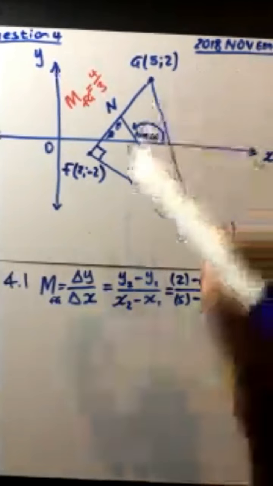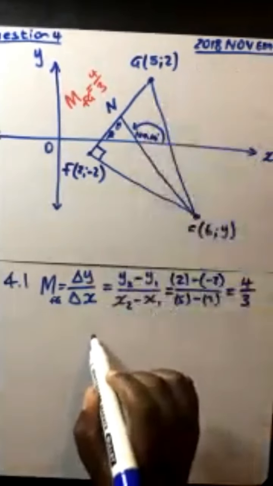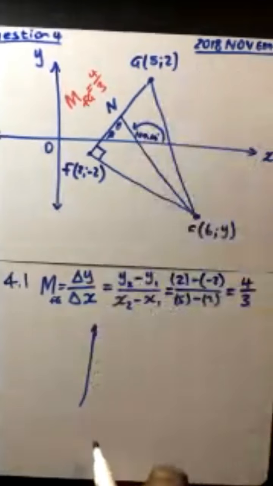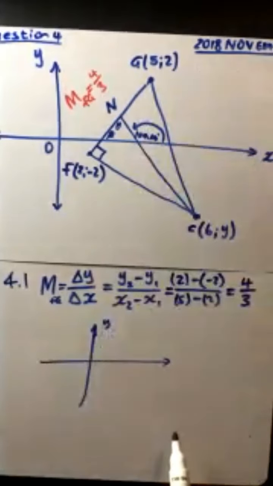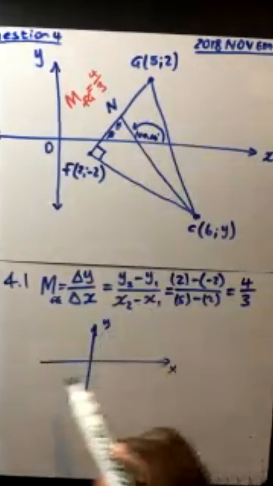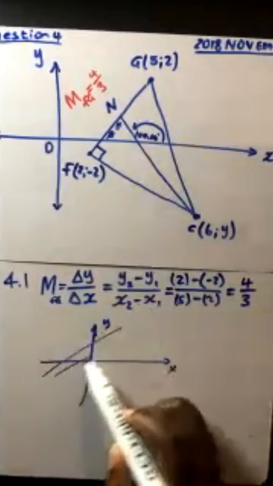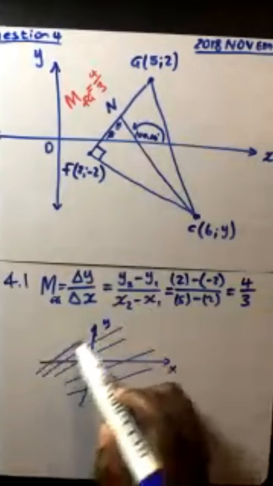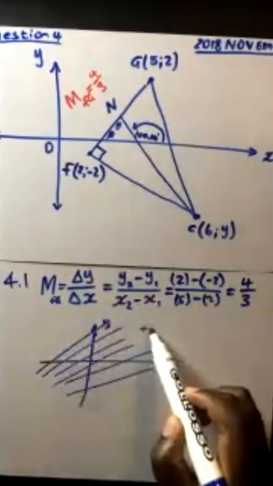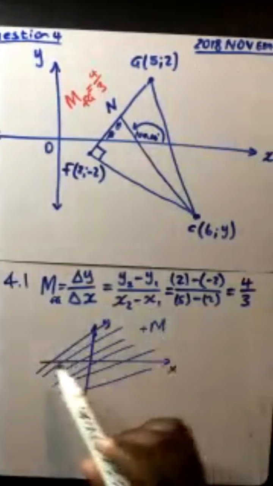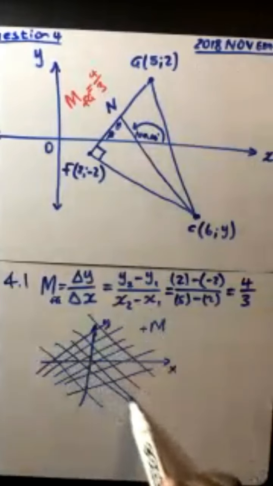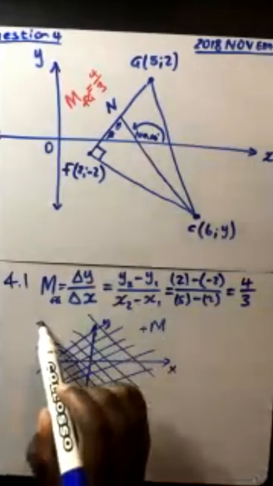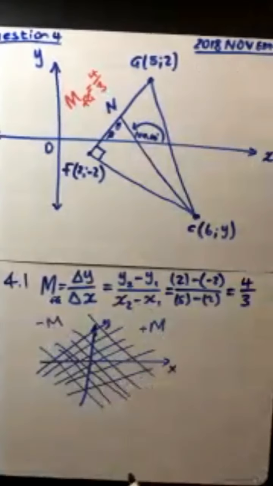So Promise, in yesterday's lesson I indicated that if you've got that vertical y-axis and that horizontal x-axis, for all the lines in that direction, we get a positive gradient. For all the lines in that direction, we get a negative gradient. So always remember that part.